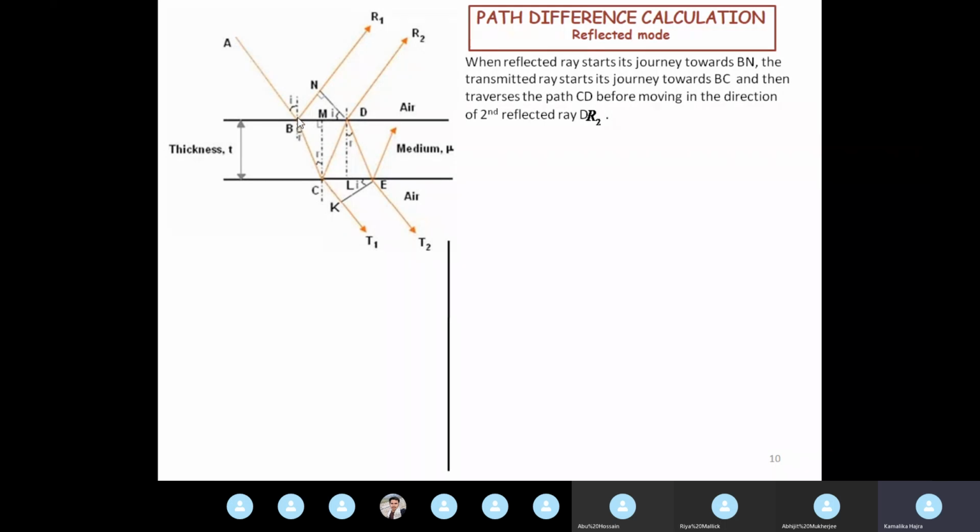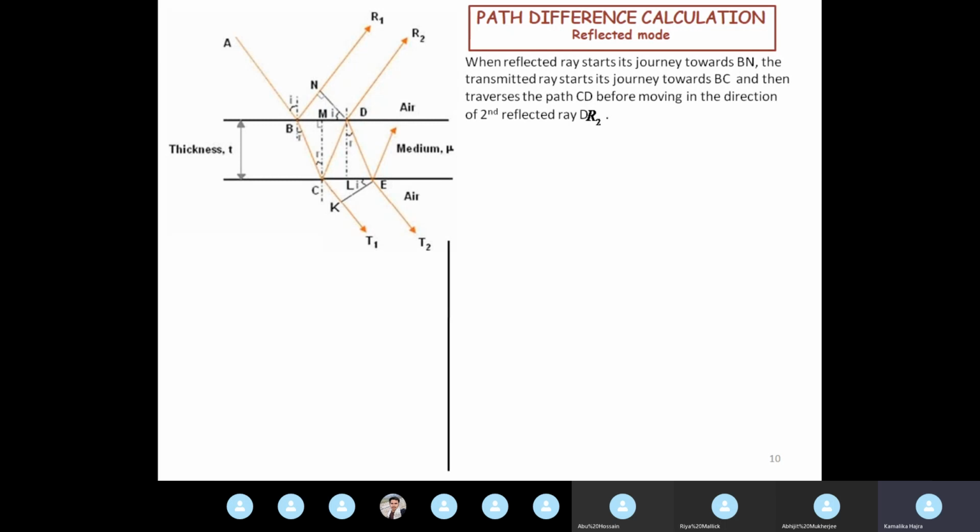So the first ray starts its journey towards BR1. The other ray travels the distance BC and CD inside the medium before it can start its journey as the second reflected ray DR2. So once again I'll repeat myself.